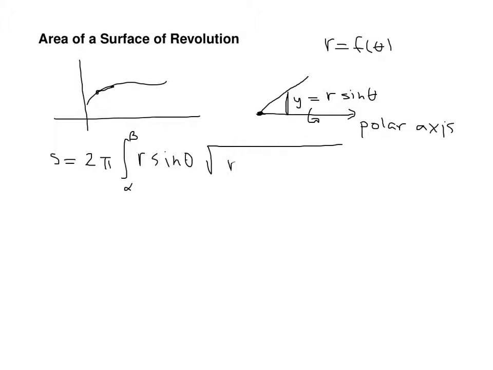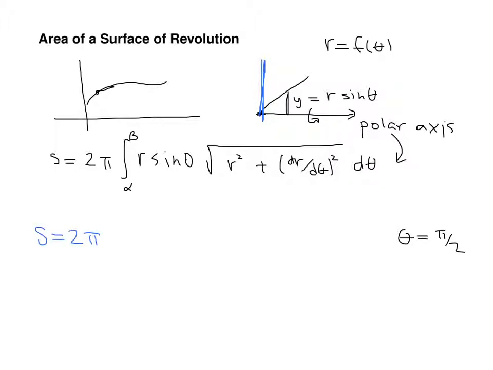which is the thing we just discussed, the square root of r squared plus (dr/d theta) squared d theta. So that would be if we rotate about the polar axis. Now if we rotate about the line theta equals pi over 2, all that will change is it'll be 2 pi x, and x is given by r cosine theta.